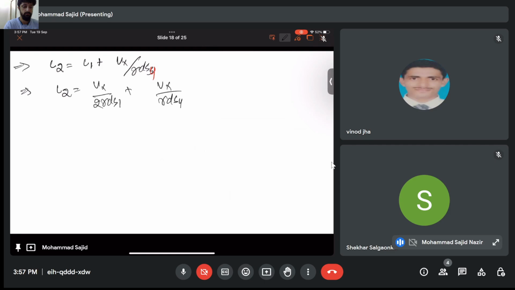Here it was wrong, so this is the correct one, RDS4. So this is I2, equivalent to Vx times 1 by 2 RDS1 plus 1 by RDS4.